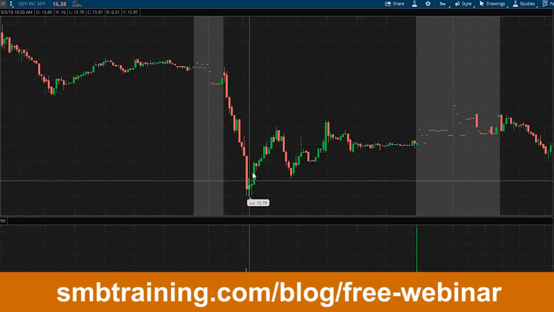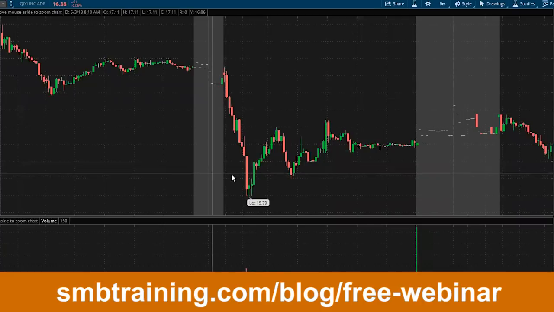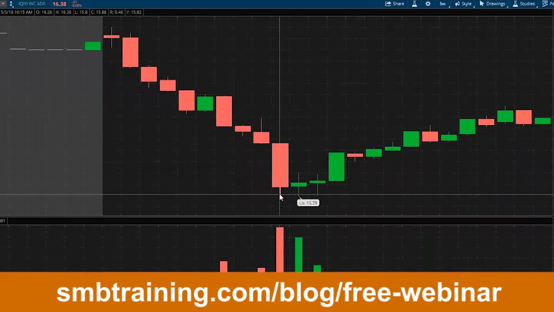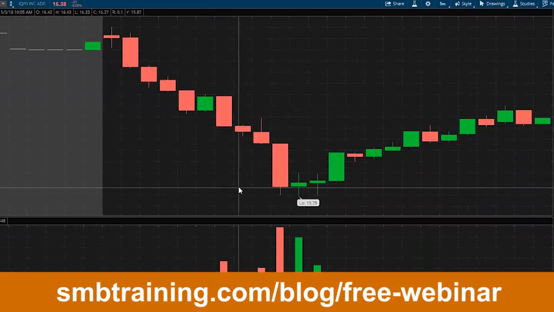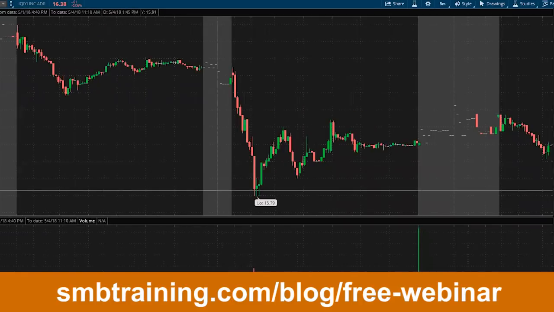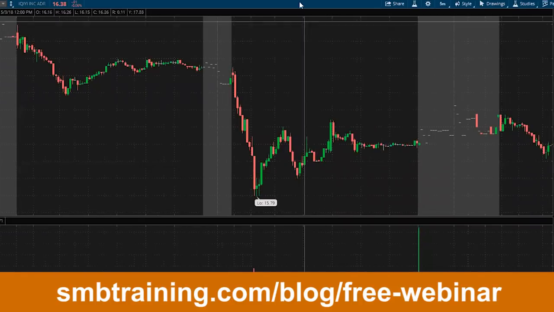Can you highlight the large red candle? See that large volume red candle? Can you see that's an example of a puking action? So a lot of times we talk about in trades to hold that we're looking for a reason to exit. We're in the swing. Let's look for a reason to exit.